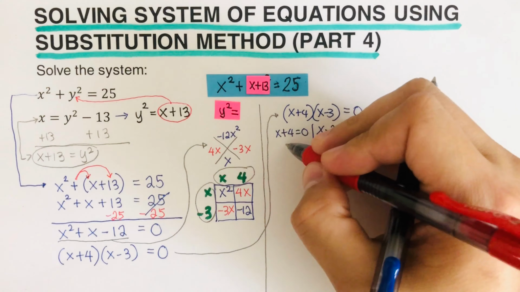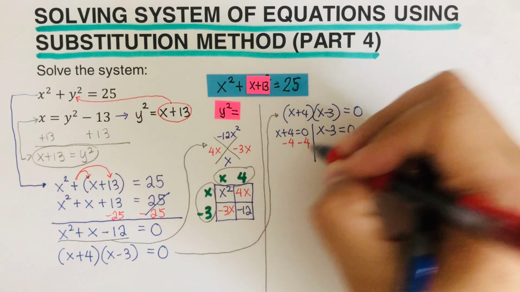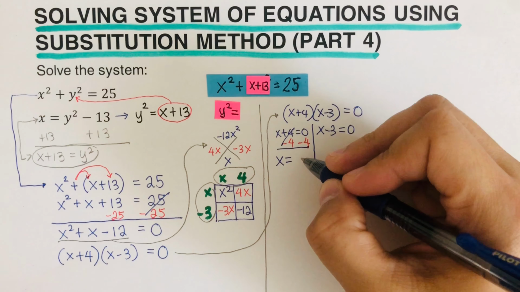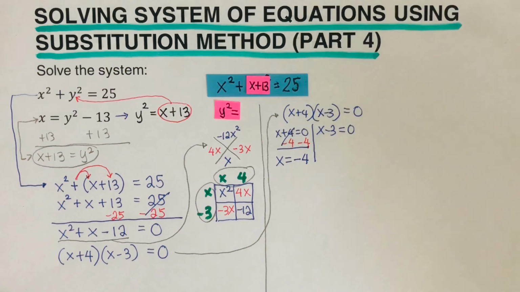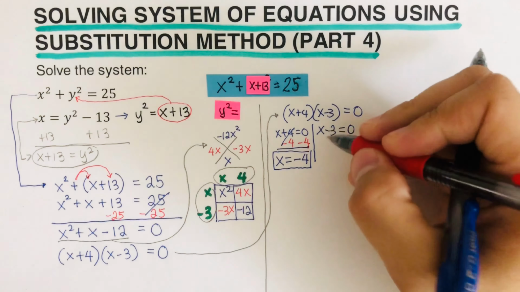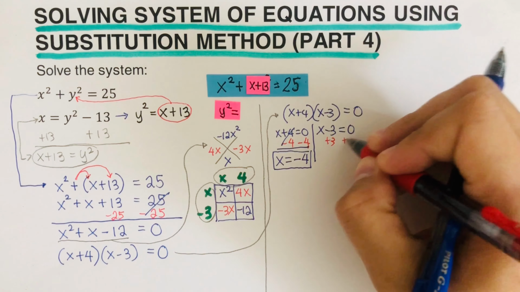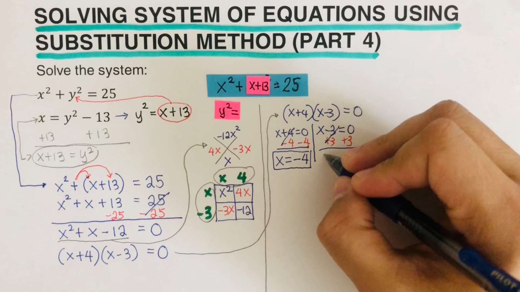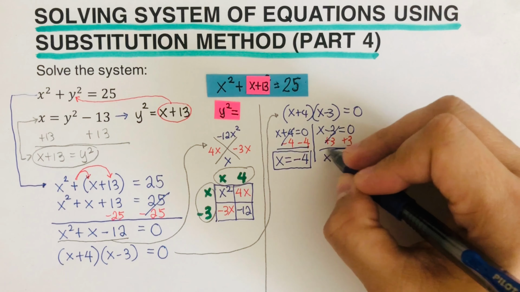For the first one, I subtract 4 from both sides, so the first x is equal to negative 4. This is the first value of x, and for the second value of x, I add 3 and 3, cross this out, and we're left with x is equal to 3.